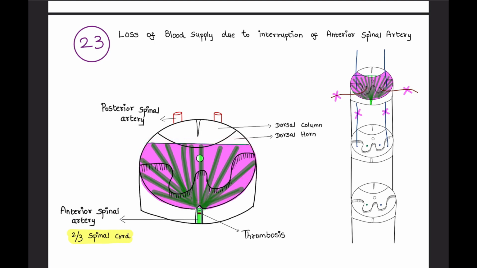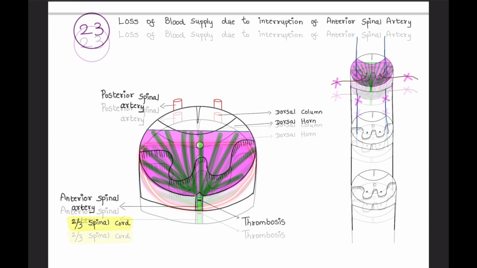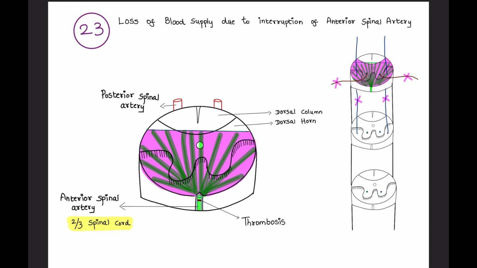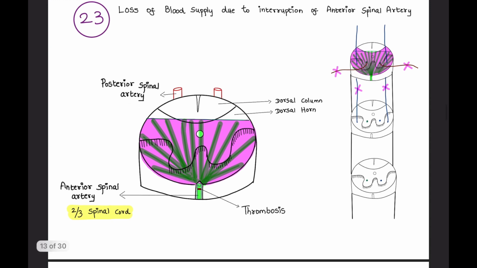So if there is an interruption in the form of thrombosis, that is a blood clot, or any other disease, the blood supply to this two-thirds of the spinal cord is stopped. So basically there is a lesion at two-thirds of the spinal cord in the form of infarction or due to other causes.